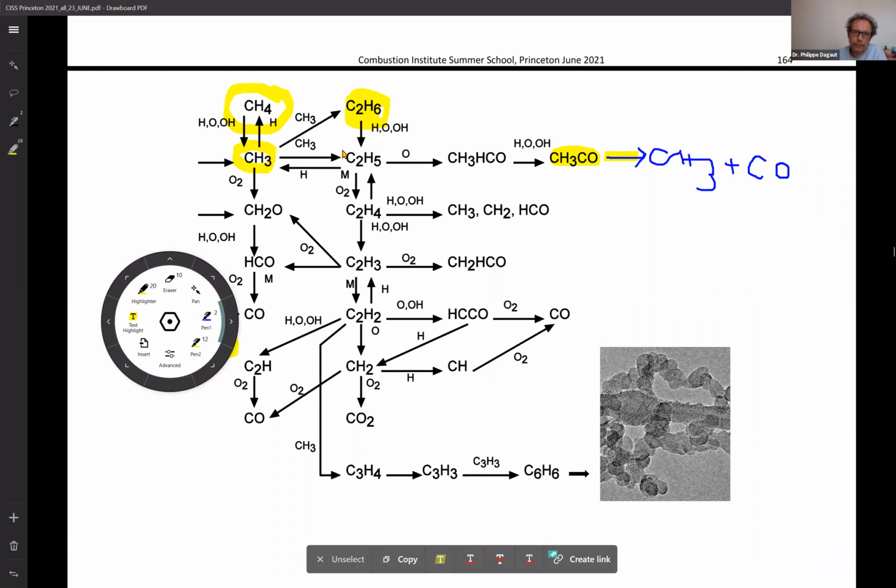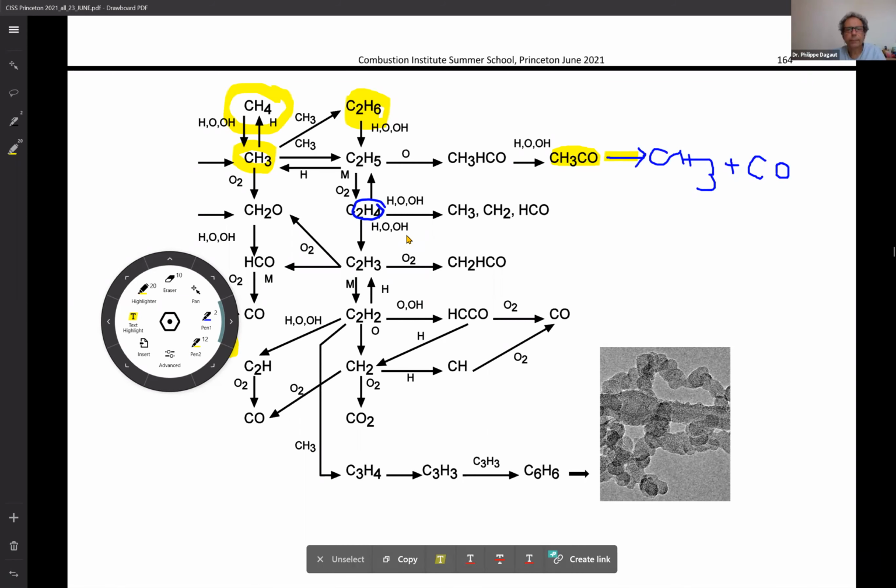But these ethyl radicals can also, by reaction with O2 or decomposition, produce ethylene, which is a very important intermediate, and ethylene can react through different pathways.